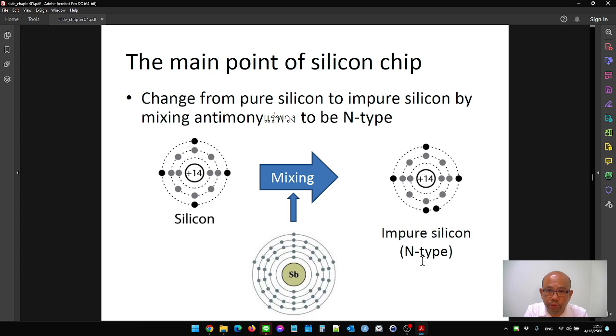We can conclude that when pure silicon is converted to impure silicon, we have two types, n-type and p-type. The p-type has holes, and the n-type has more electrons.